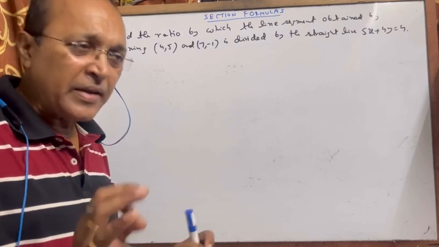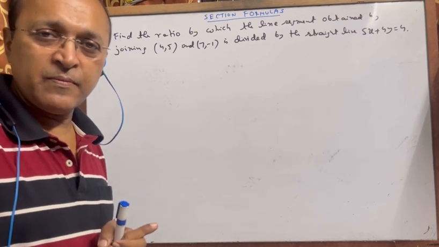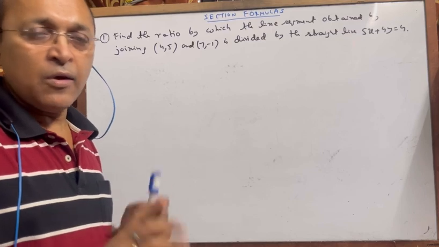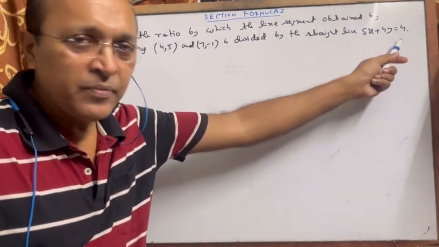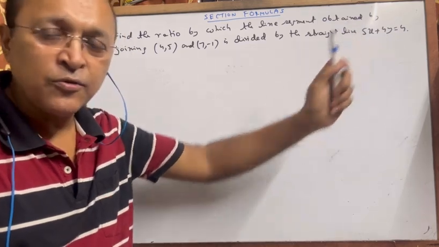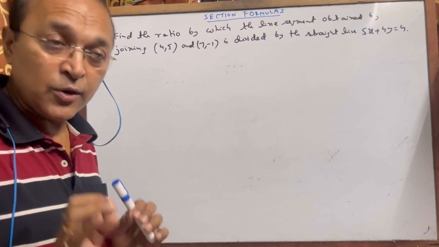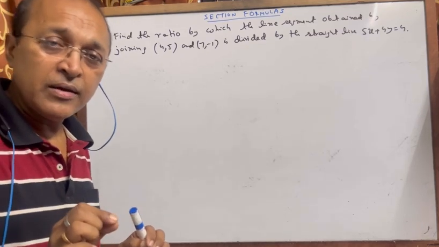Okay, it means there are two straight lines intersecting each other. The equation of one straight line is given, 5x plus 4y is equal to 4. The equation of the other straight line is not given. What is given?